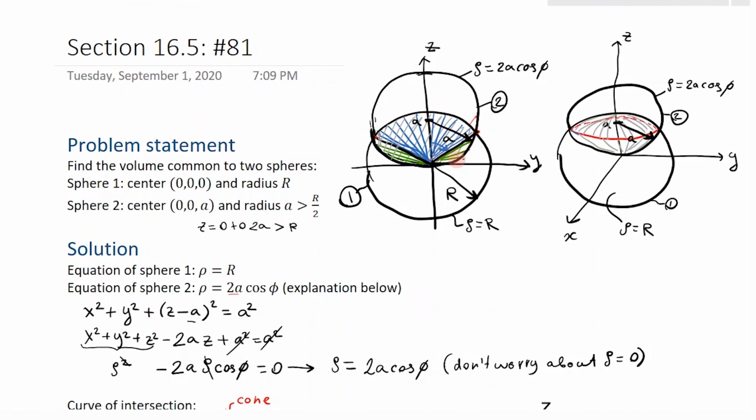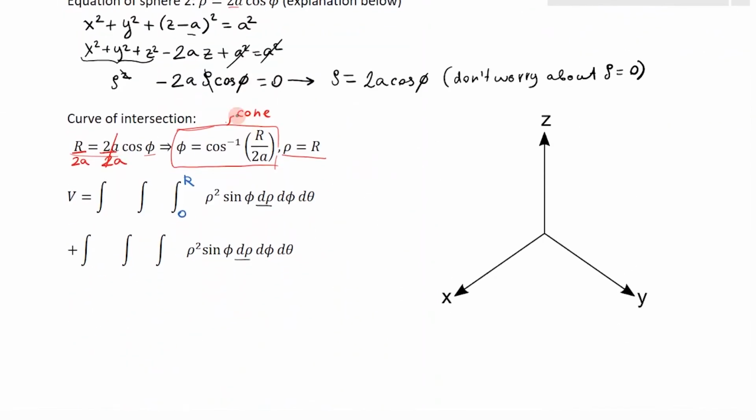Now, this is why I found where the curves intersect. I need to know what this phi is. So this phi would be cosine inverse of r over 2a. And then the bounds on theta are just 0 to 2 pi.